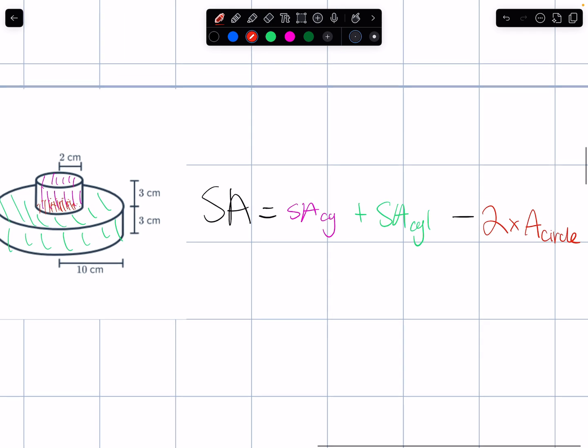All right, so let's write it out again. It's quite a big formula, right? So we have surface area of a cylinder, which is 2 times pi times r squared plus 2 times pi times r times h.